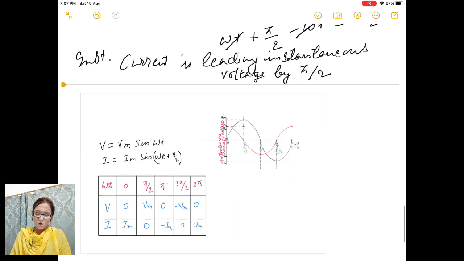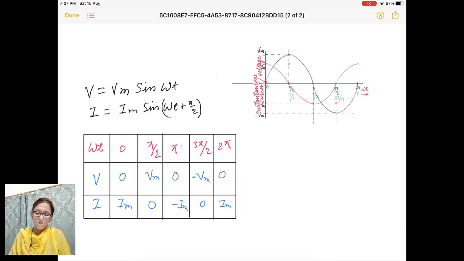So let me show you the diagram of instantaneous voltage and instantaneous current versus omega t. This is your omega t.